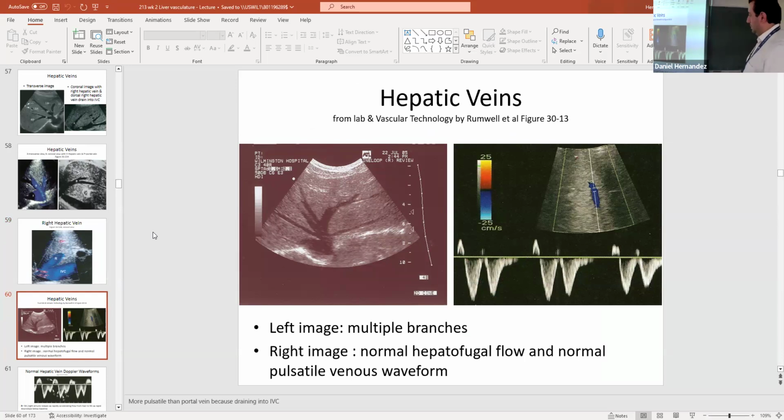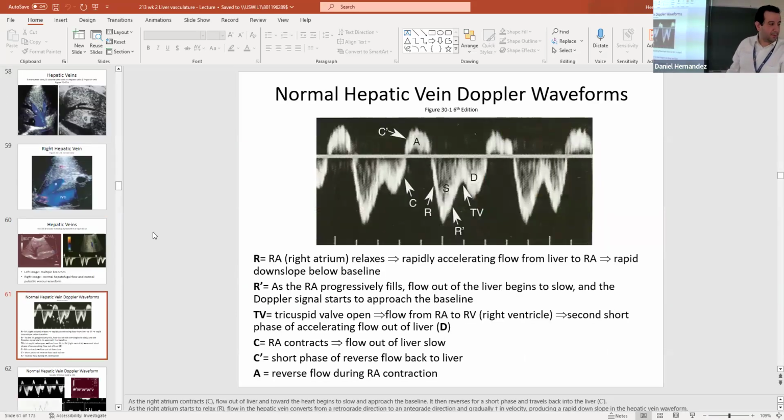Now we're getting into some of the waveforms. We said they have the characteristic W waveforms with a small component when the atria contract that's above the baseline. Again, flow should be below the baseline, away from the transducer, draining into that IVC. Everything should be draining from the liver down towards the IVC. So in this case, everything should appear blue. This was just showing the different components of the hepatic vein waveform.